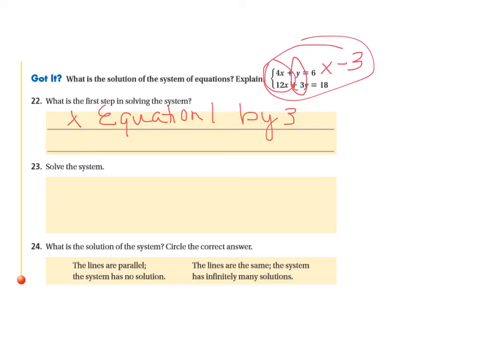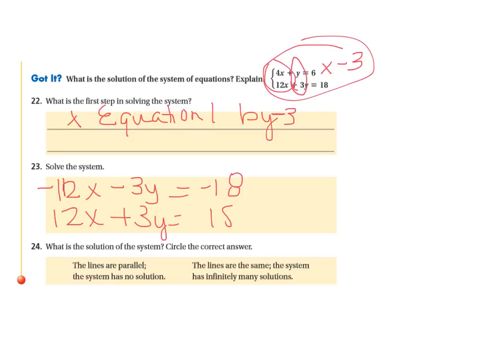When I do that, actually I'm multiplying it by negative 3. I get negative 12x minus 3y equals negative 18. And when I take the second equation and add those two together, my x's cancel out, my y's cancel out, my 18 cancels out.